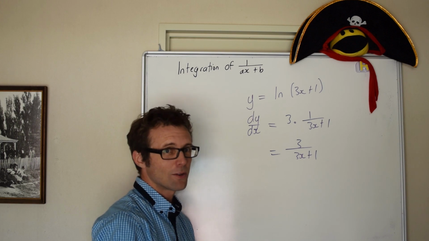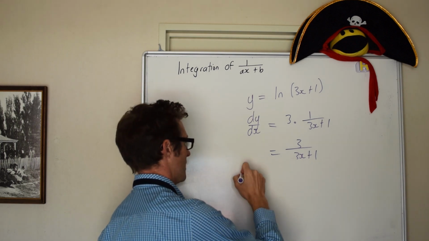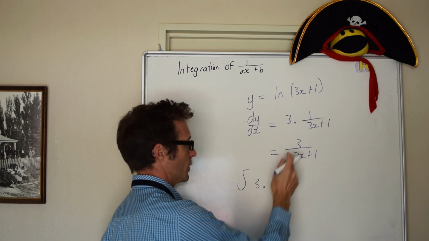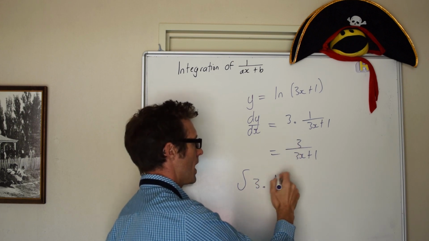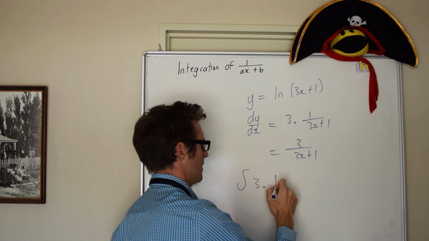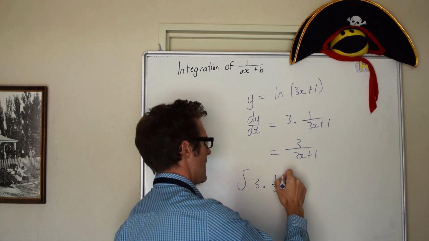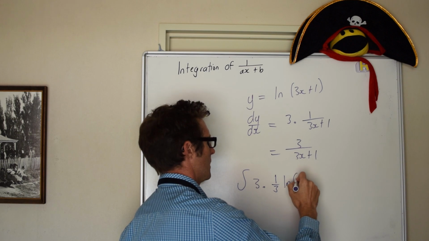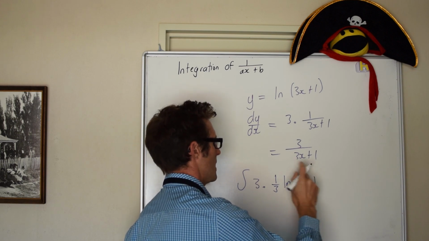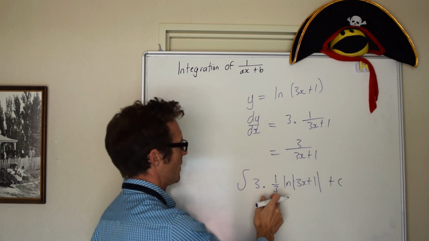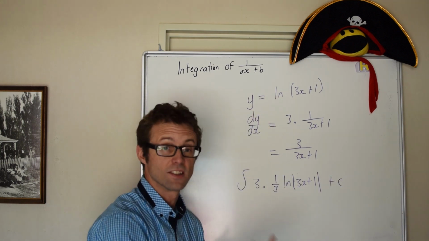So when we integrate it, that is why we're going to take 3, this bit here, times 1 over the a, which is the coefficient of x, ln 3x plus 1 plus c. And you can see that that will take us back to what we've got there. That's the reason for that.